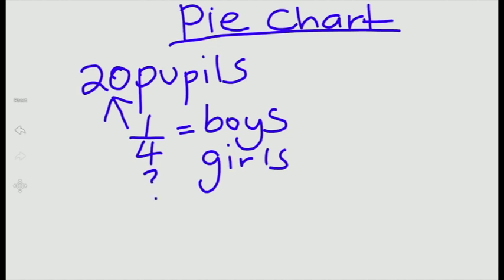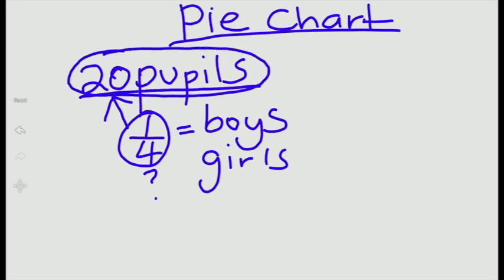No one has given us the fraction for the girls. But the fact that you've been given the fraction for the boys, we can work out the fraction for the girls, right? We've been told that this class has got 20 pupils. This is the total number of everybody in the classroom.